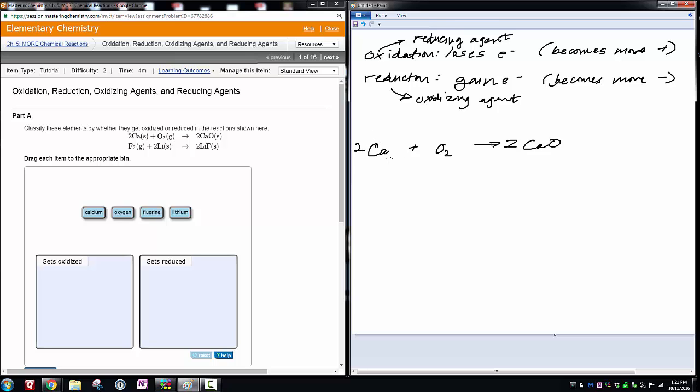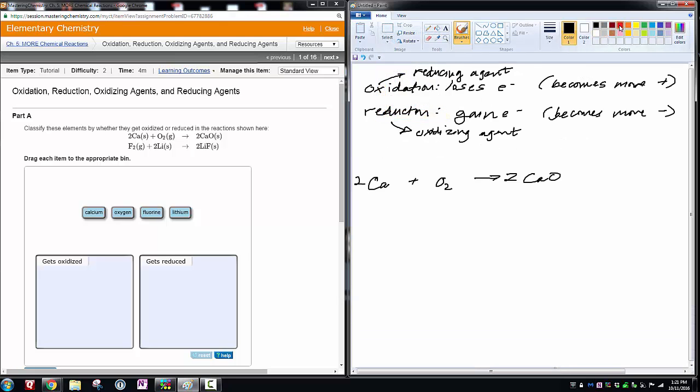But essentially, the first thing we're going to do is assign electrons, or basically assign charge, because that's going to be relative to electrons. So calcium here looks like elemental calcium. It's a solid. So it has an oxidation number of 0, or a charge of 0. And oxygen, same story. Elemental state, charge of 0, oxidation number of 0.